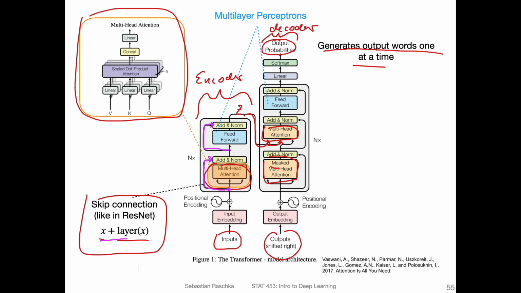And this is also why here we have certain dimensions. So originally the input embedding here is the sentence length T times 512. So we have an input embedding size of 512 in the original paper. They defined it as 512. And what comes out of here, of the multi-head attention, is also a 512 dimensional embedding.